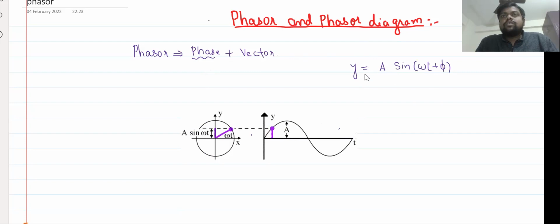So here you can write A as amplitude. This complete thing, whatever is inside the sine, is known as phase. Omega here is angular frequency.